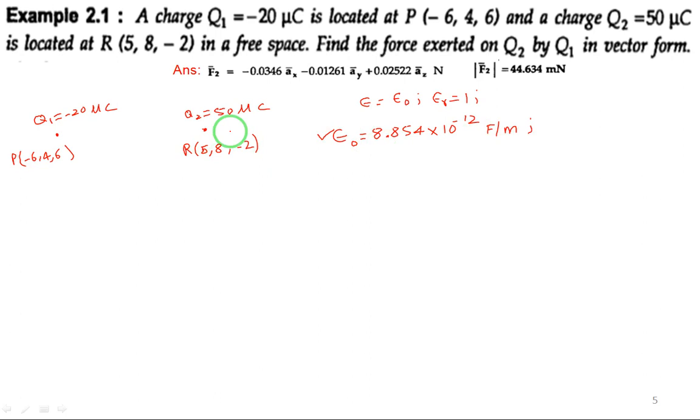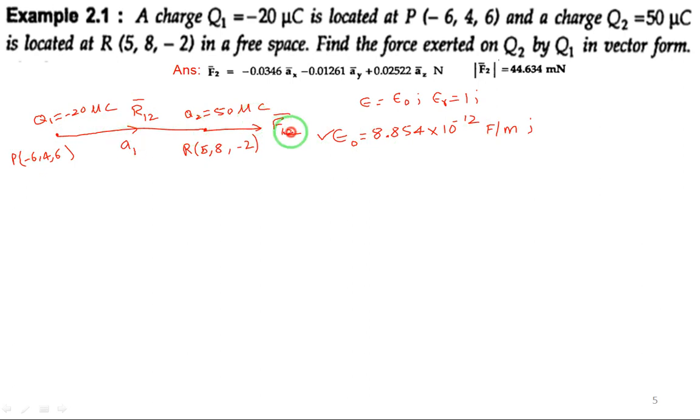They have asked the force exerted on Q2 by Q1, so they are asking F1 to 2. Let me assume the distance vector R12 and unit vector A12, or else it is better to use the points P and R that are given.